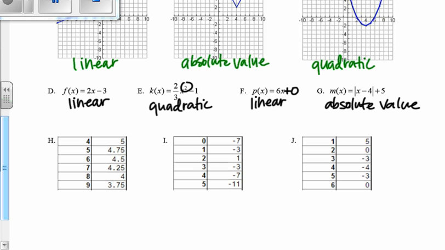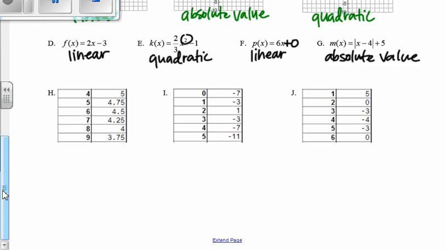All right, so now from the table, this is going to take a little bit more work. So we're going to be focused on the rate of change, which means we're going to be looking at the y column. So we're going to think about how much do we have to add or subtract to go from the first y value to the second.